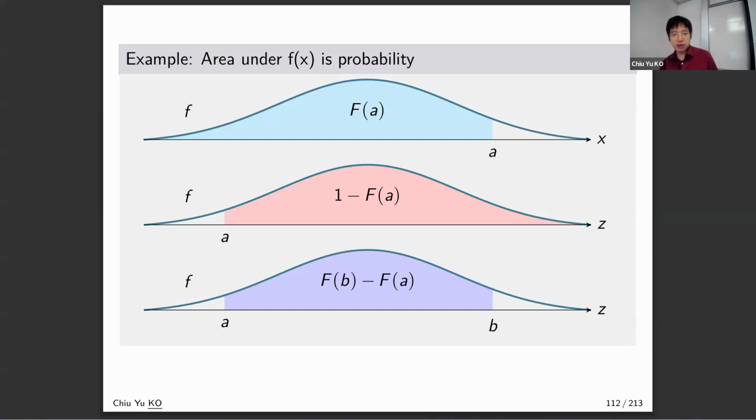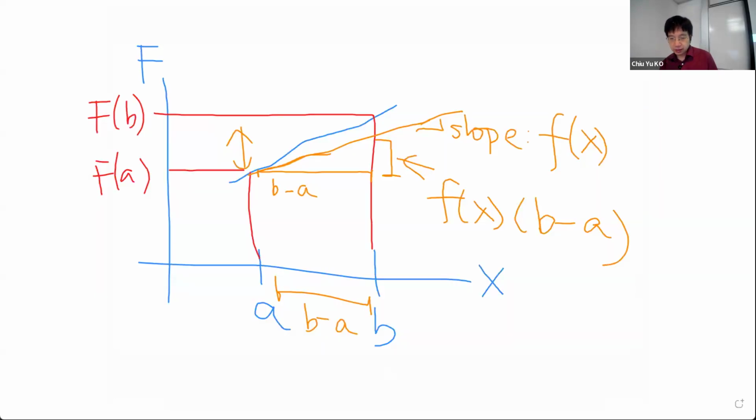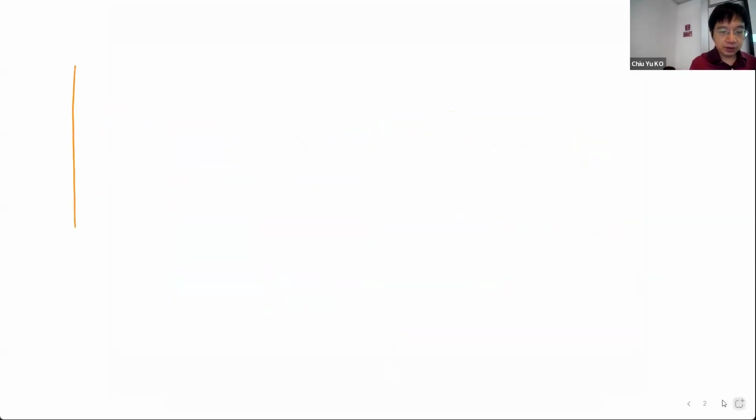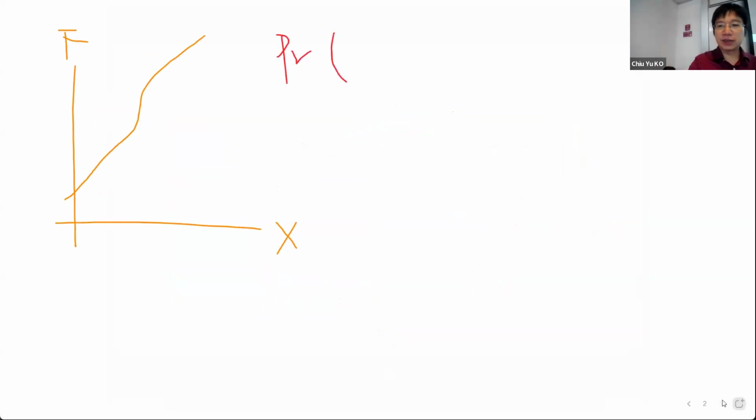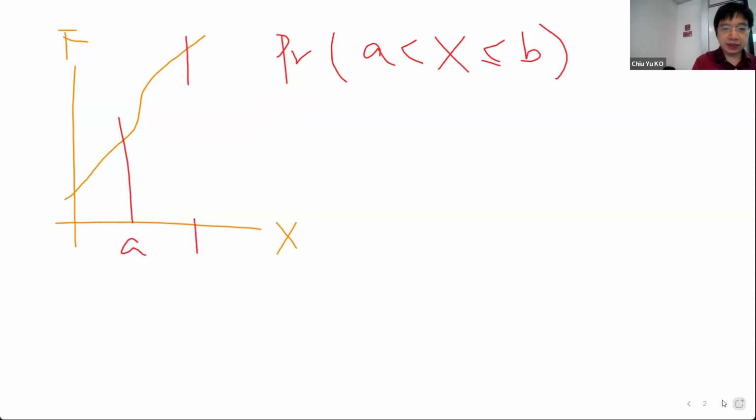I talk about something super crazy, so maybe let me organize what I am saying. Let me have another slide. Suppose I have some x and some F. I have some function, I don't know, going up. If I want the probability that x is between A and B, what I do is look at this A and this B and take the difference.